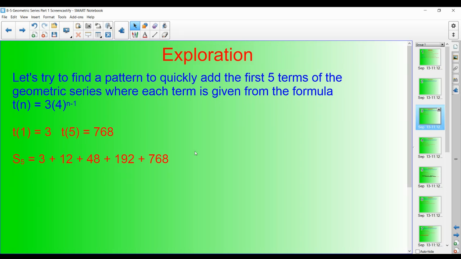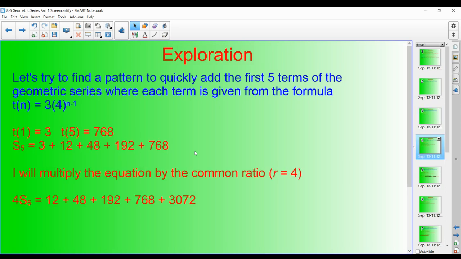Now we're going to do a little bit of magic here. I'm going to multiply every term by the common ratio, which is 4. R is 4. My multiplier is 4. So the left side becomes 4 times the sum. And then I multiply 3, 12, 48, 192, and 768 all by 4 and get these new 5 terms.